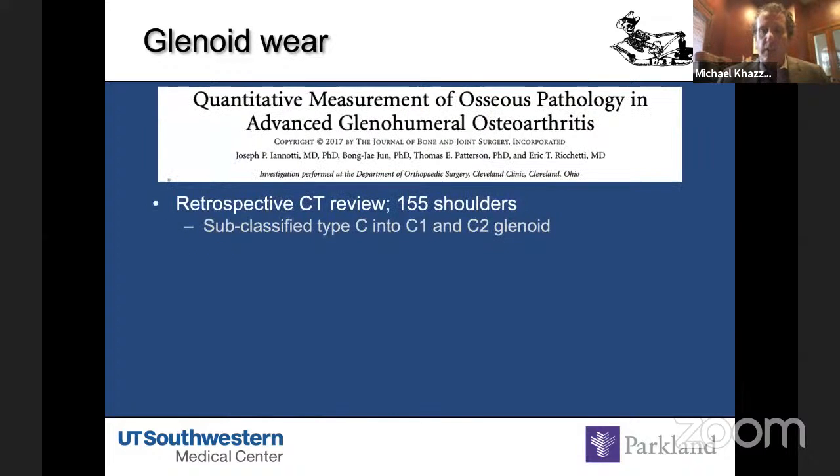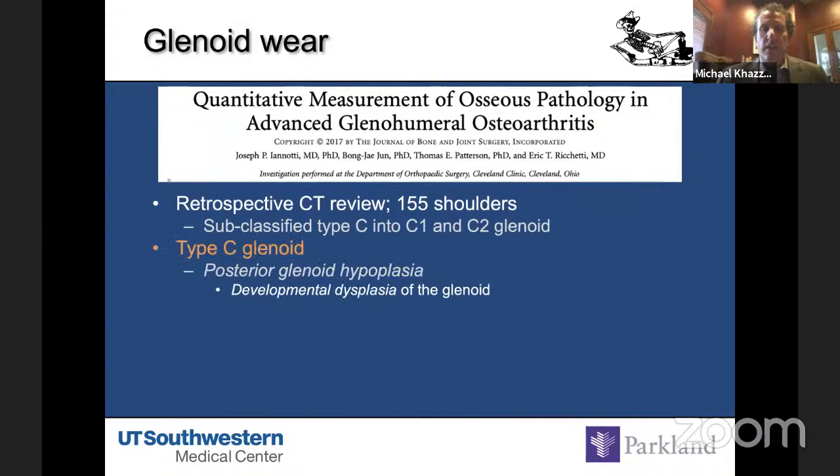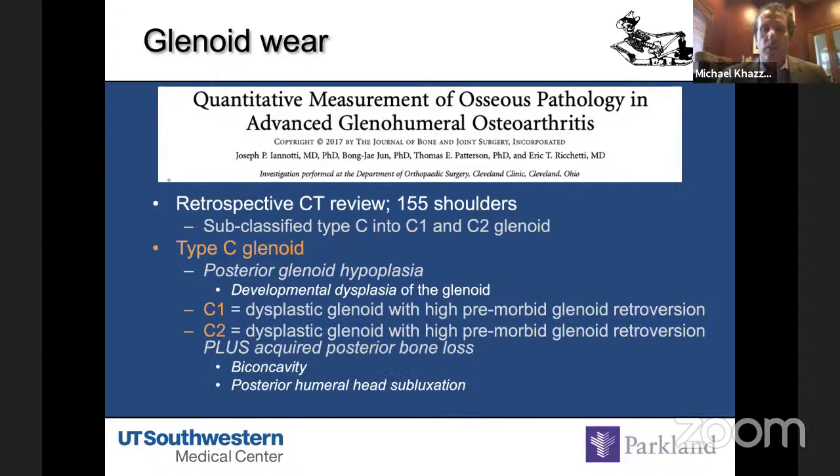Ionati's group out of Cleveland Clinic went on to further subclassify the C types as C1, which is the classic hypoplastic glenoid, and then the C2 when this became degenerative. So the C1 is dysplastic with high premorbid glenoid retroversion, and then the C2 has acquired posterior bone loss on top of this.